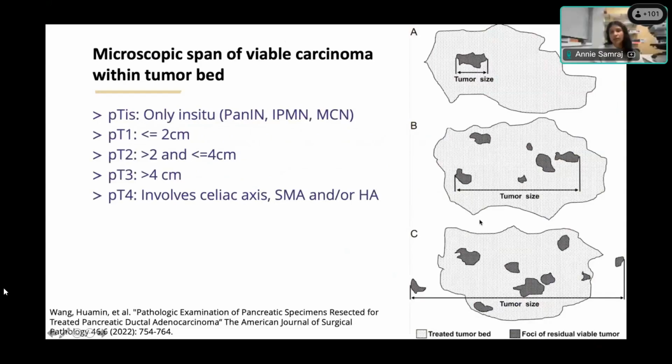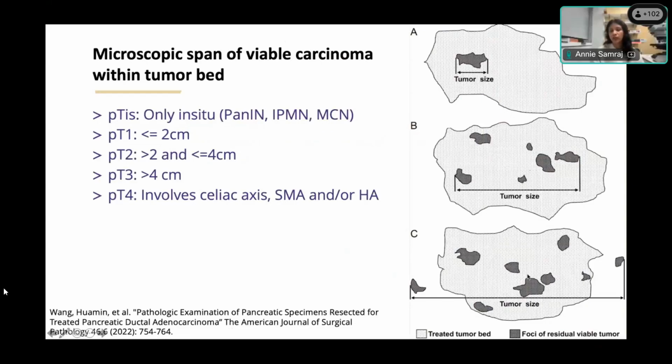So for example, here we have this cartoon. The top cartoon shows the tumor bed in light gray. When you submit the whole thing for histology, you realize that we have only a tiny bit, less than a centimeter, that is actually the viable carcinoma. On the other hand, in this middle picture you have lots of viable carcinoma, about the size of what we measured grossly.